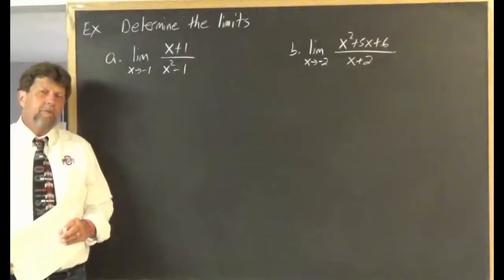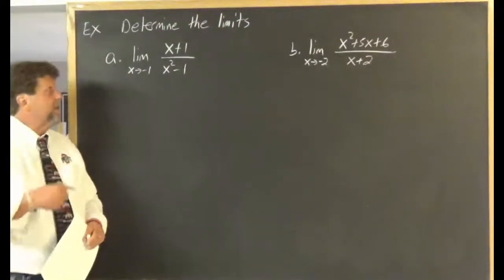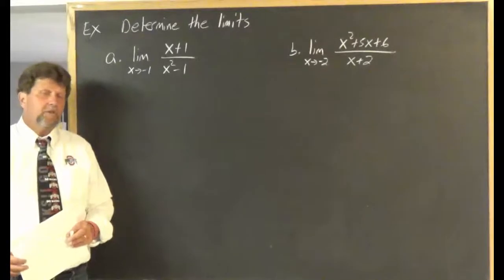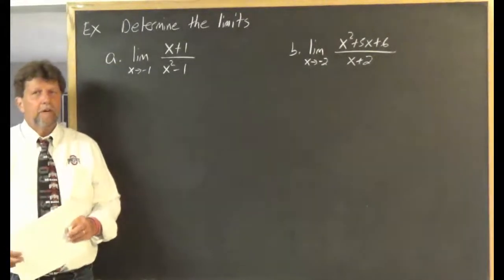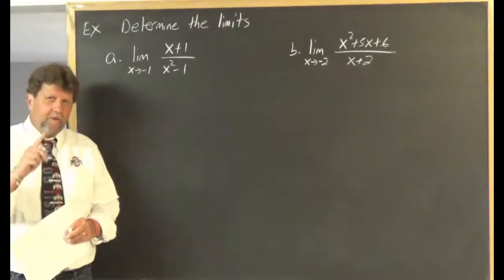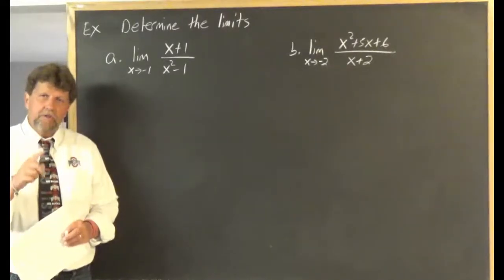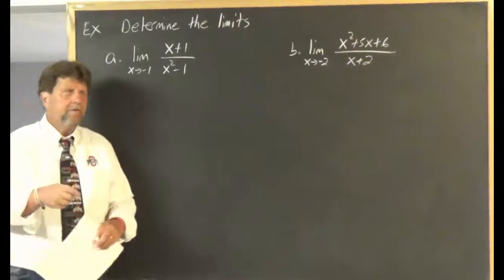All right, in this example, we were asked to determine some limits. In part A, the limit as x approaches -1 of x plus 1 over x squared minus 1. First thing we try is substitution. Always try substitution first.